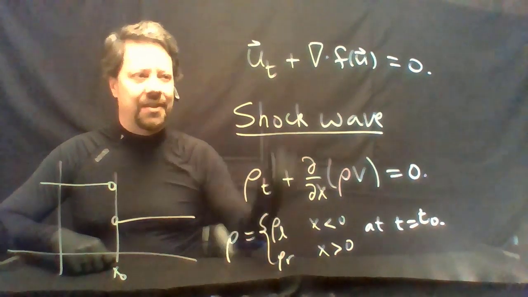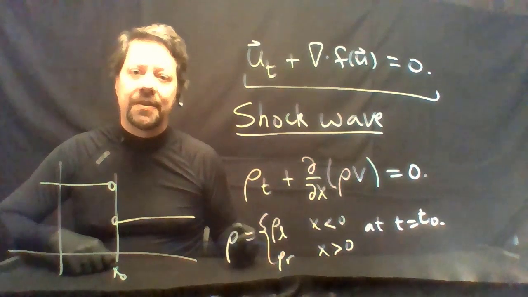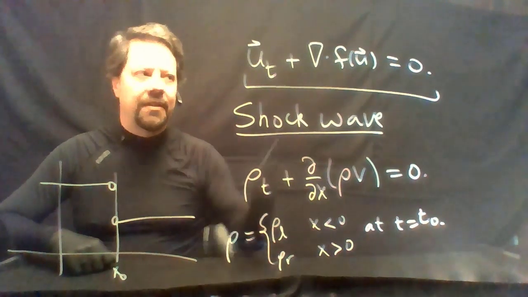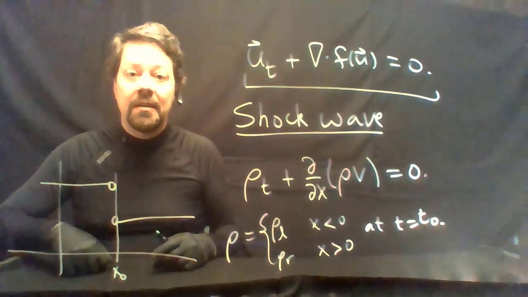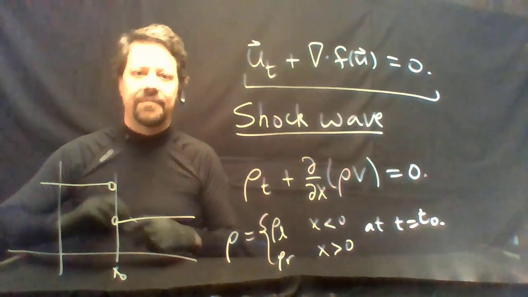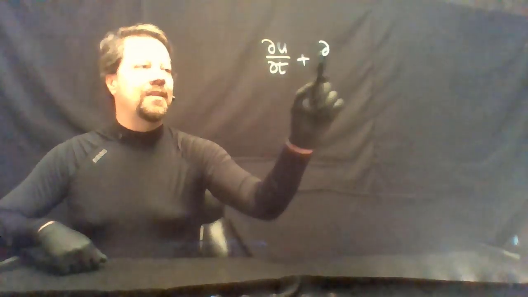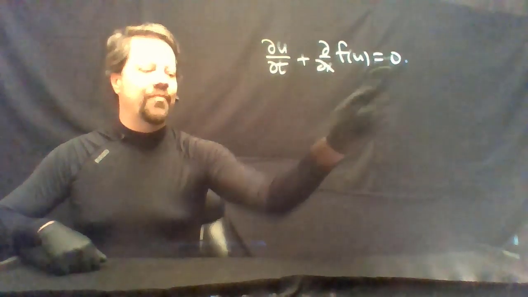But it can't be determined from an equation of this form, because this form requires that the function be differentiable. We need a new formulation of conservation laws that allows for physical shock waves, because shock waves exist. We'll consider the following conservation law: du dt plus d dx of some function of u equals 0.